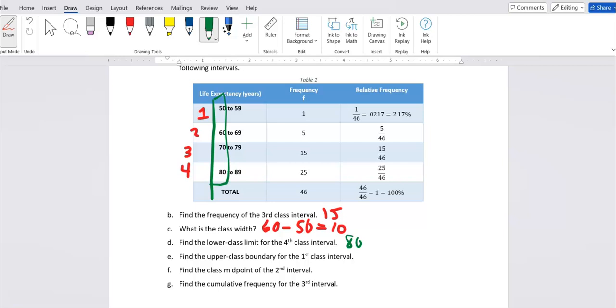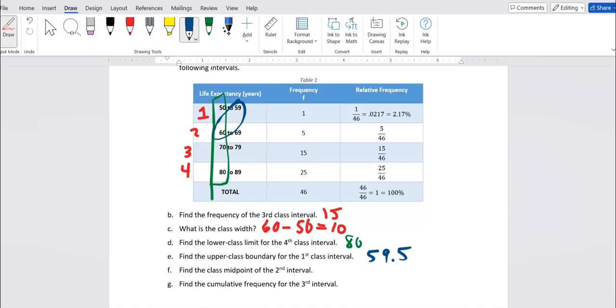The boundaries are the values between the intervals. The first class interval is from 50 to 59. The upper limit is 59 for the first interval, and the lower limit is 60 for the second interval. So the halfway point between 59 and 60 would be 59.5.